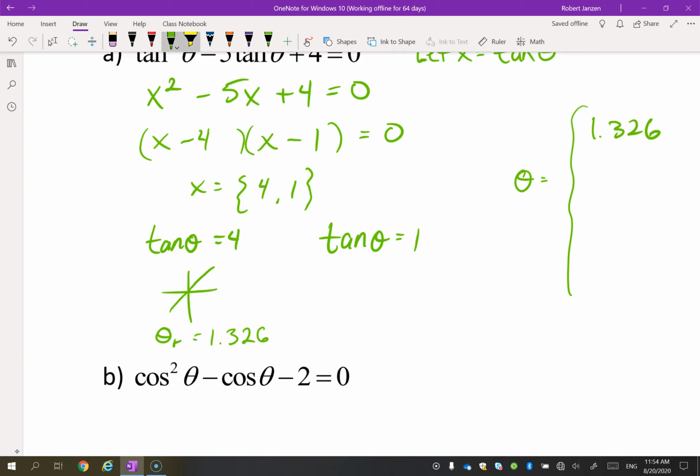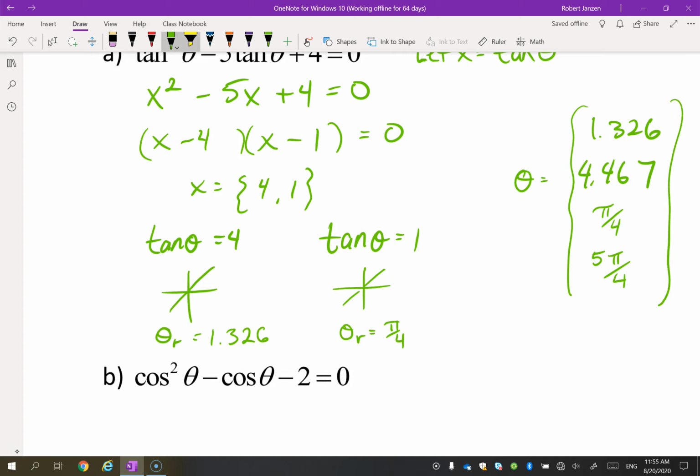In the third quadrant, you would just add pi to that, and you're going to get 4.467. Okay, then let's go to this one. Where is tan equal to 1? Well, it's positive here, and this is actually an exact value. I know this is pi by 4. So I'm going to put pi by 4 and 5 pi by 4. There are my 4 answers.